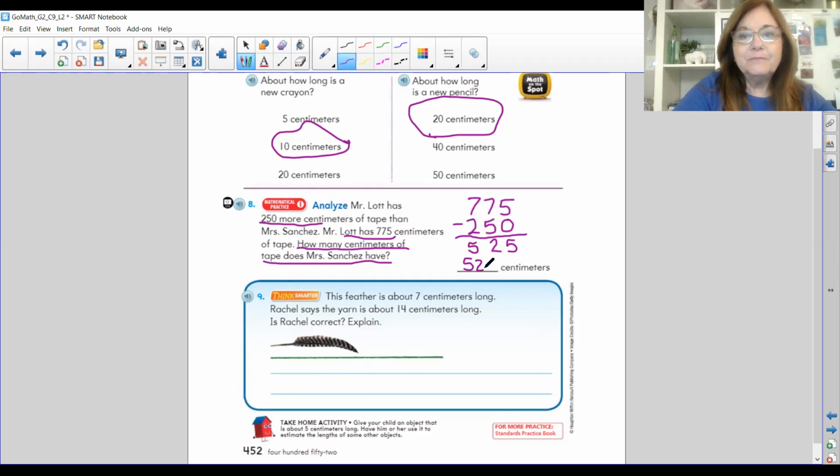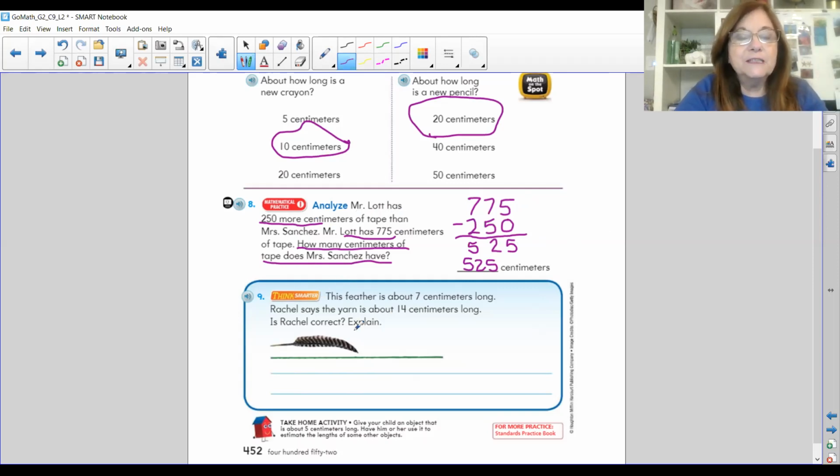And that would make sense that Mr. Lott has 250 more centimeters of tape than Mrs. Sanchez, because 525 plus 250 equals 775, and that is one way that we check our subtraction. So let's go down to the feather.